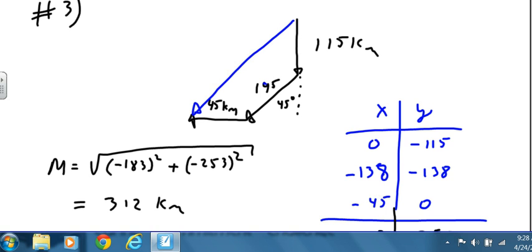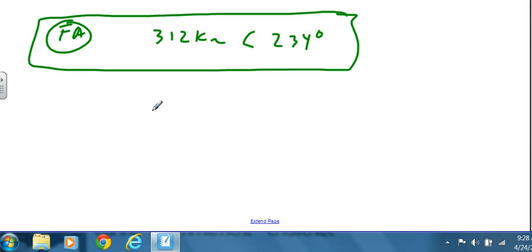I could have gone 115 second function complex angle 270 plus 190 second function complex angle 225 plus 45 second function complex angle 180 equals, and my calculator would have told me that the correct answer is 312 kilometers at an angle of minus 126.